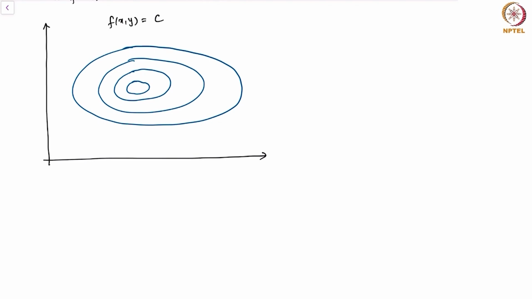For example, I'll use shorthand notation: I could have f equals d1, f equals d2, f equals d3, f equals d4. These are all some known constants. Now, I also have a constraint function. This is my y and x. I'll show the constraint function in red.